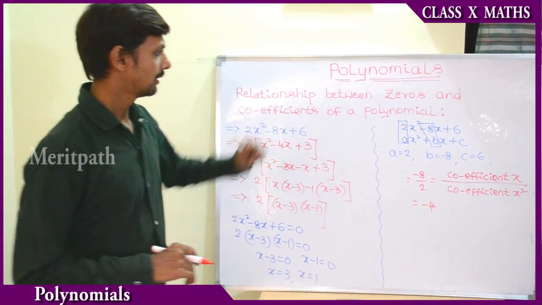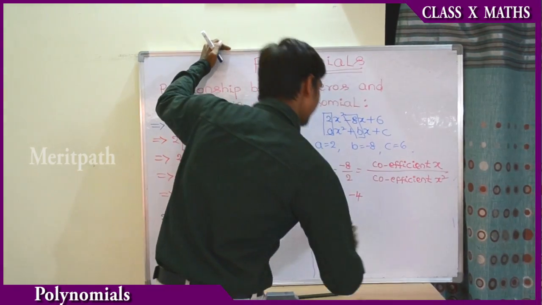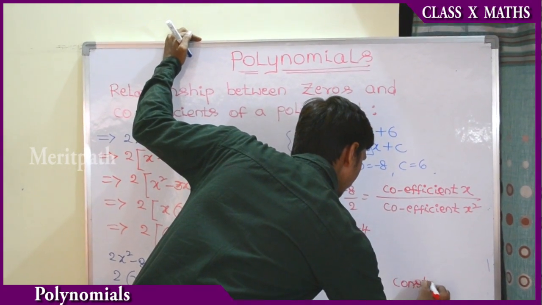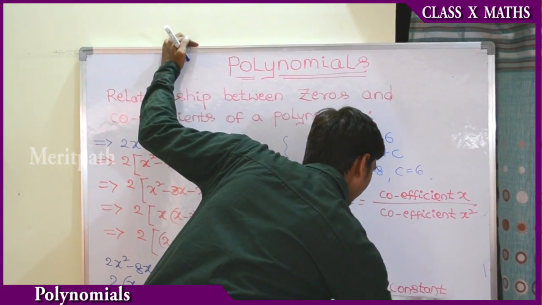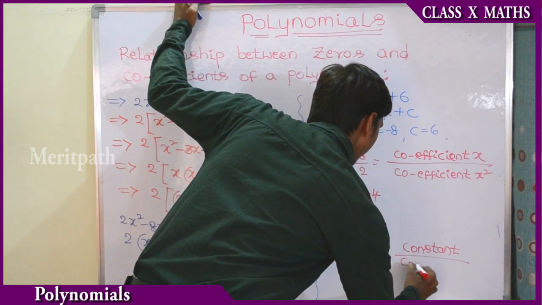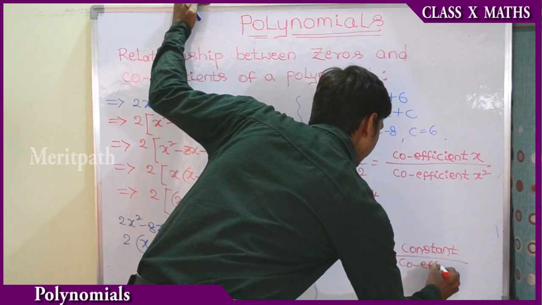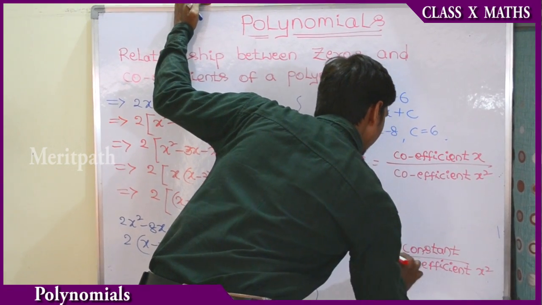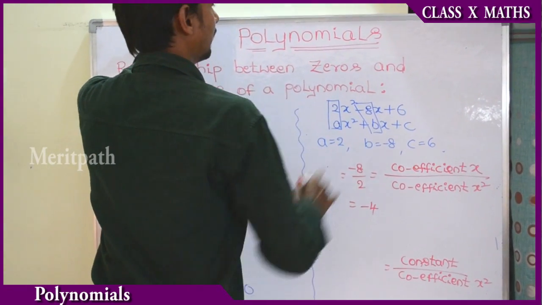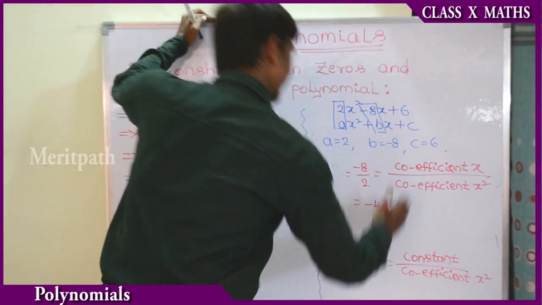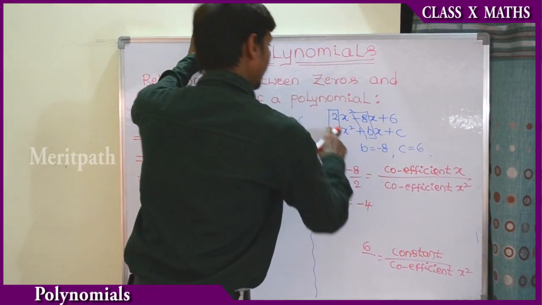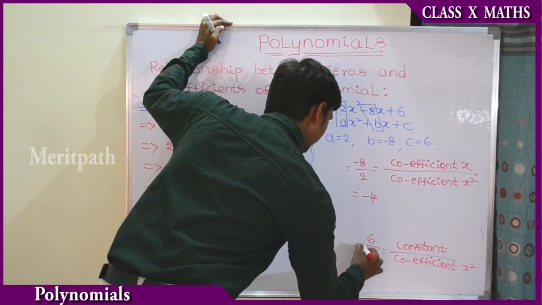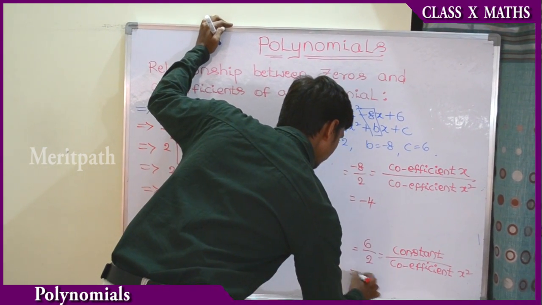And consider the constant and the coefficient of x squared. The constant value from here is 6 divided by the coefficient of x squared, which is 2. That will be 3.